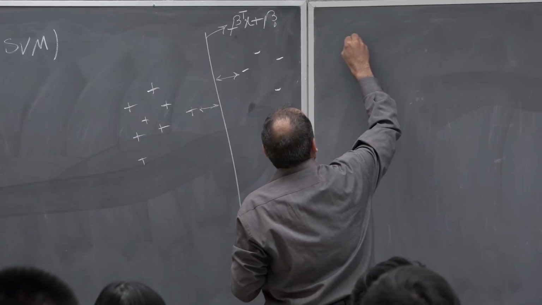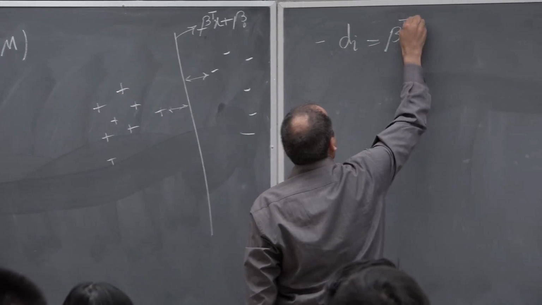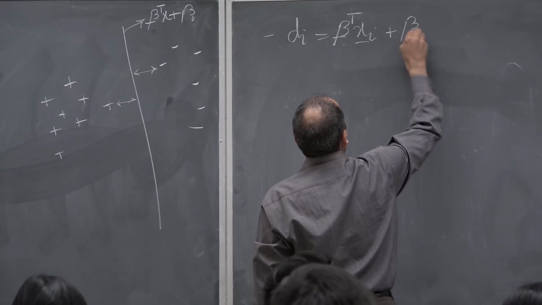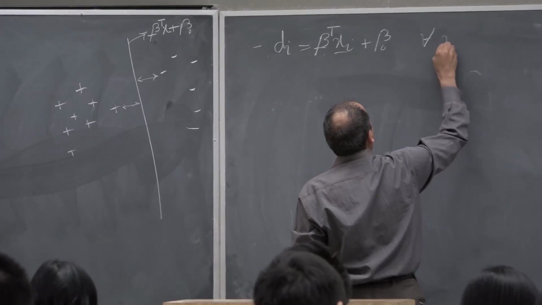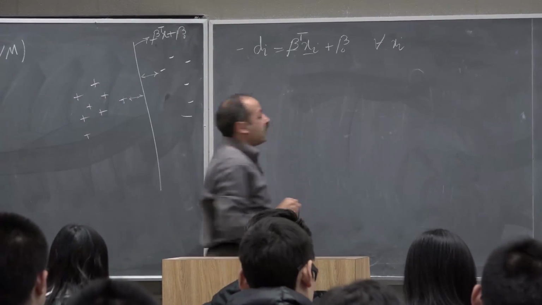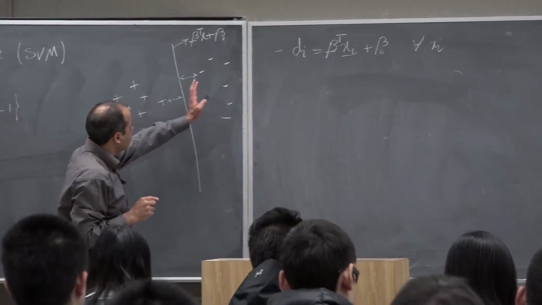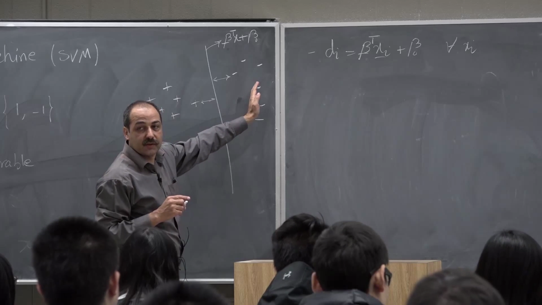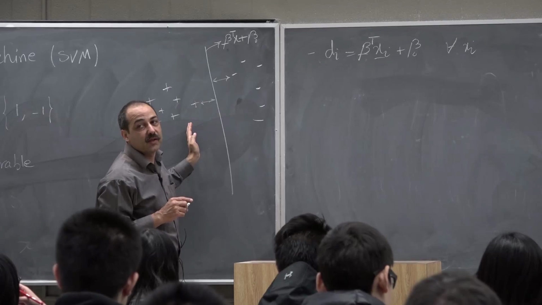So anyway, di, we learned, would be beta transpose xi plus beta null for any xi. But di could be positive or negative, depending on the side. If you're on this side of the decision boundary, this di is negative. If you are on the other side, di is positive.